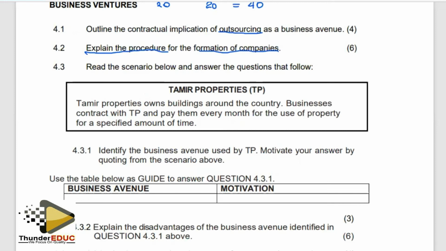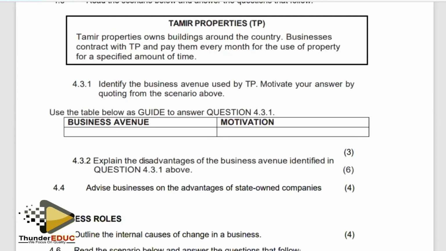Let's go to another question, which says, question 3, read the scenario and then answer the questions that follow. Tamil Properties, TP.